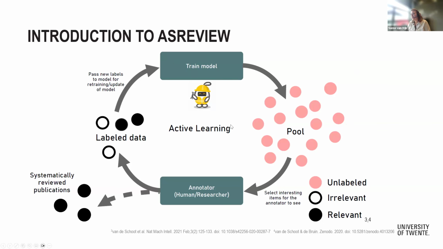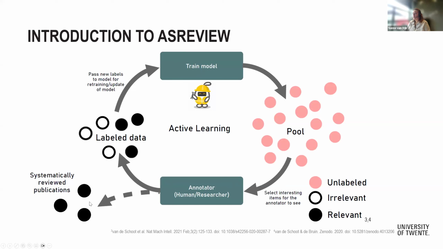So again, you get the most relevant estimated item presented to you, and you take another decision, maybe irrelevant. Again, the model is trained, shows a new highest ranked paper to you, and again, you make a decision. And this loop is going on and on and on until you decide to end it.